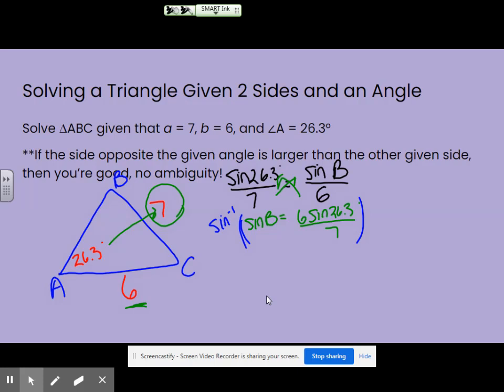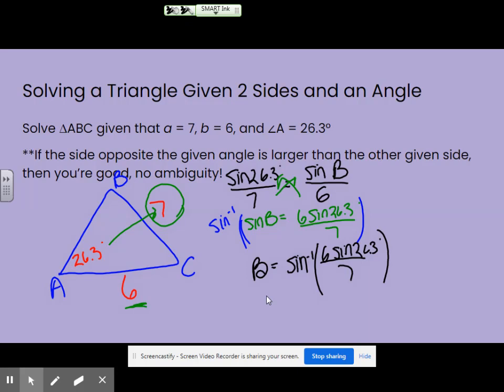Well, the inverse sine of sine is going to give me whatever angle is left, B. From here, I take the inverse sine of whatever's left on my right-hand side, 6 times the sine of 26.3 degrees over 7. You also might be tempted to say, oh, the sines over here will cancel out, but there's also a 6 and a 7 to account for, and we have to deal with those.